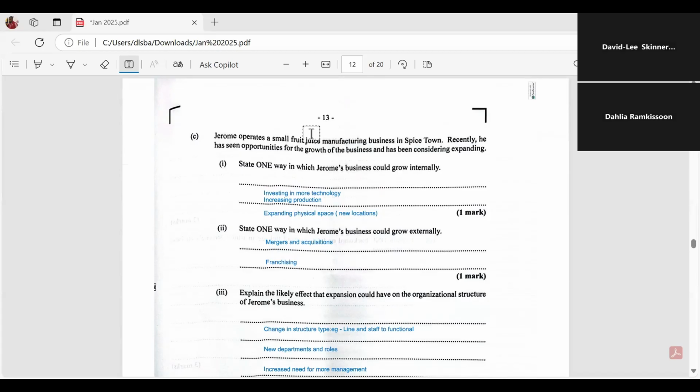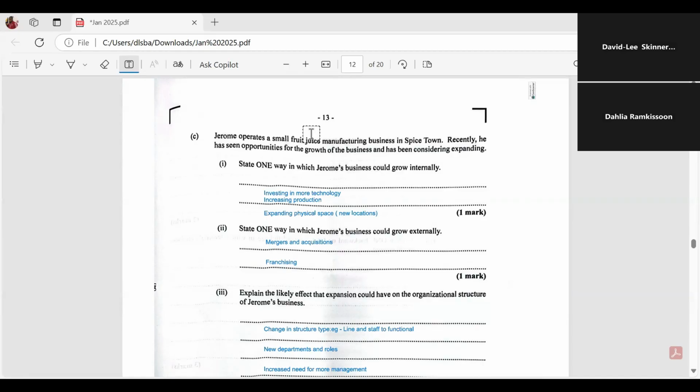He could open new locations. He could expand his physical business right there. He could increase the amount of goods he's producing. He could buy more fixed assets, invest in more technology, hire more personnel. Any of these things will help him grow internally.